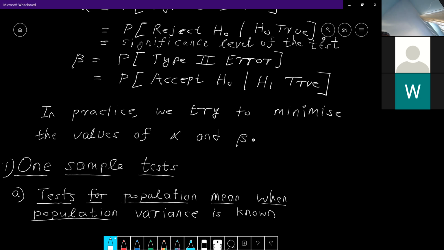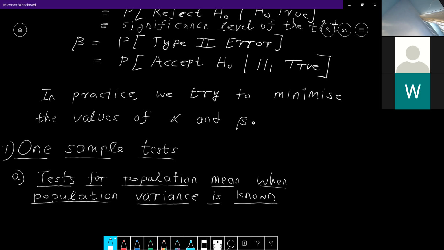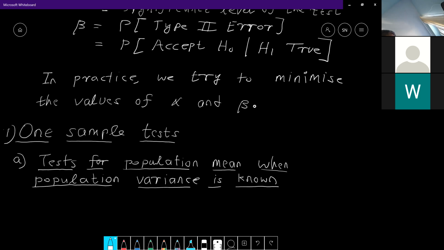When population variance is known, right? So I'm going to assume that you have a data set x1 to xn, IID from a normal distribution with parameter mu and variance sigma squared.